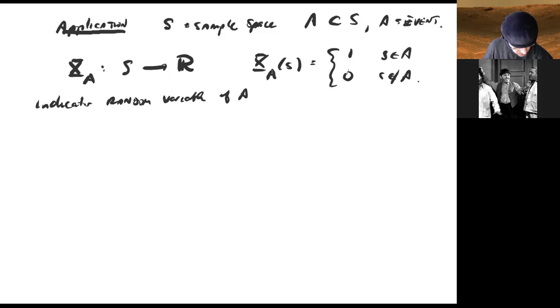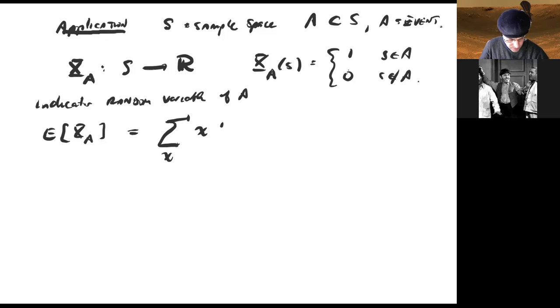Okay, so now how does this relate to the probability properties of A? Well, let's compute the expected value of this random variable. So this is the sum over all x's, I'm just going to handle the discrete case, the continuous case is exactly the same except you integrate, of x times the probability that X equals x.